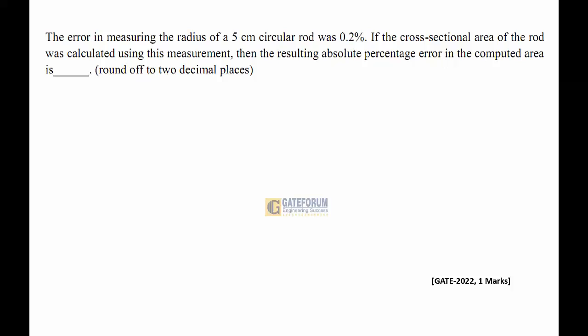The question is, the error in measuring the radius of a 5 centimeter circular rod was 0.2%. If the cross-sectional area of the rod was calculated using this measurement, then the resulting absolute percentage error in the computed area is. This is from engineering mathematics and one of the technical subjects also.